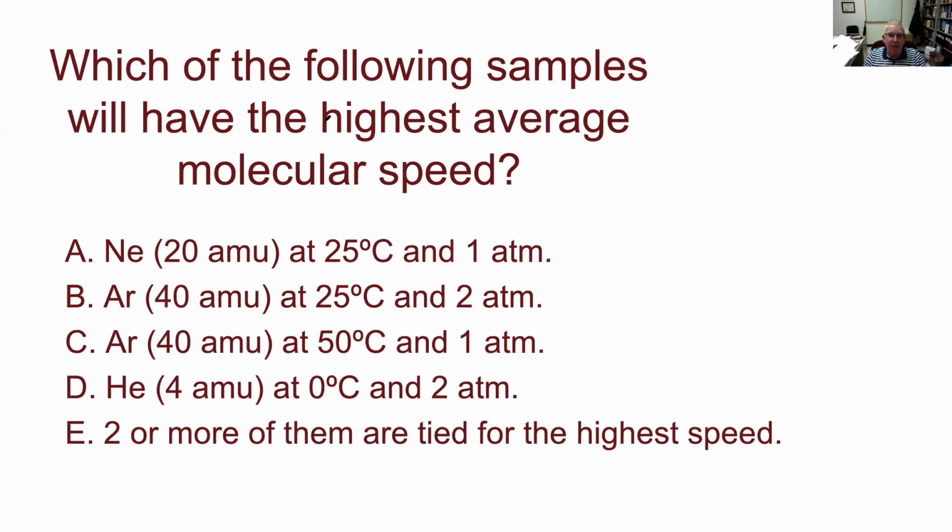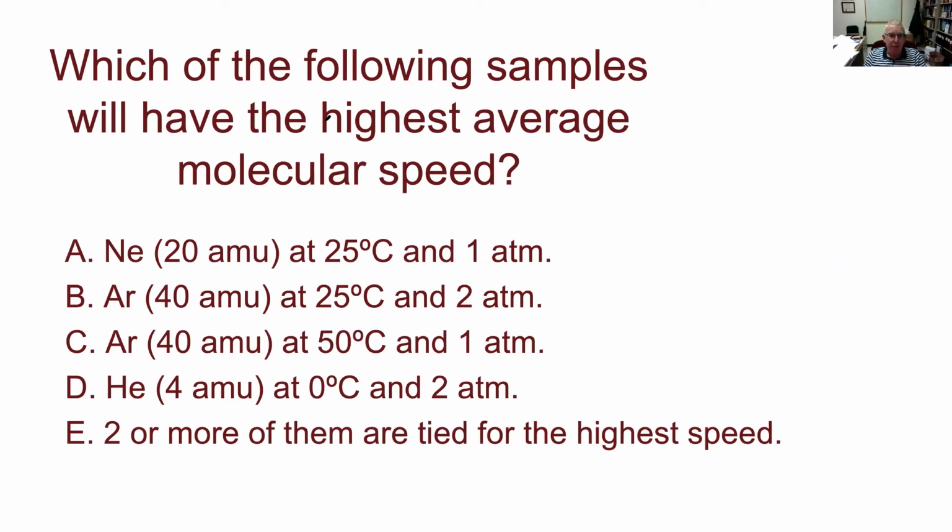As I look at these, I can see that the differences in temperature are relatively much smaller than the differences in mass, right? My masses are changing by a factor of 5 or 10 or 2 as I go across the different comparisons.